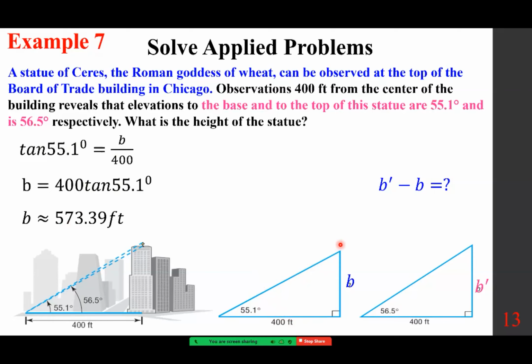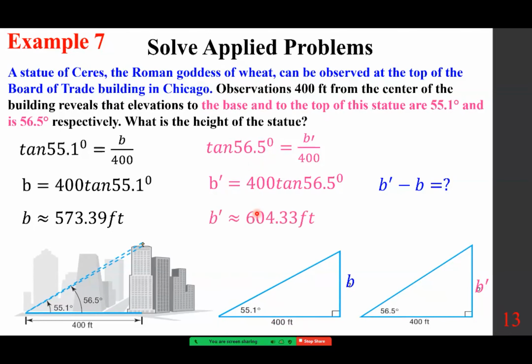And we are calculating this height B. Now we're going to go to the next one. This time, tan of 56.5 degrees is B prime over 400. And the cross product gives us the B prime as the product of 400 and tan of 56.5 degrees. Using a calculator results in 604.33 feet.